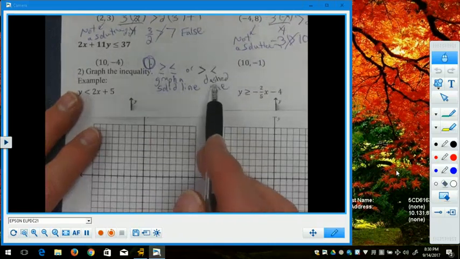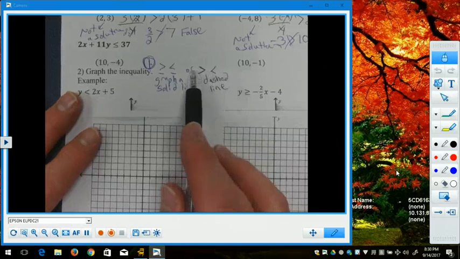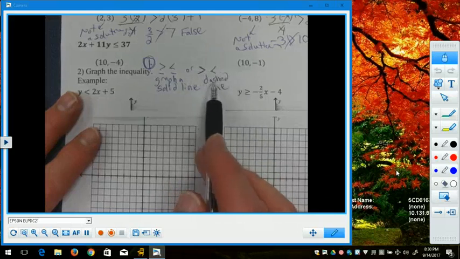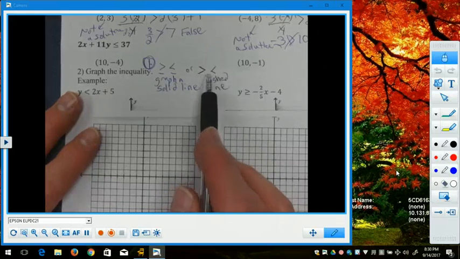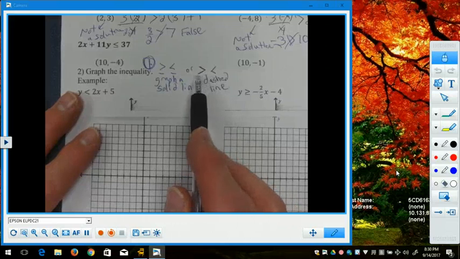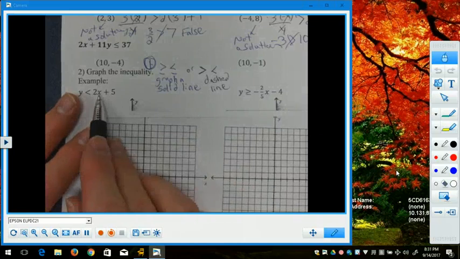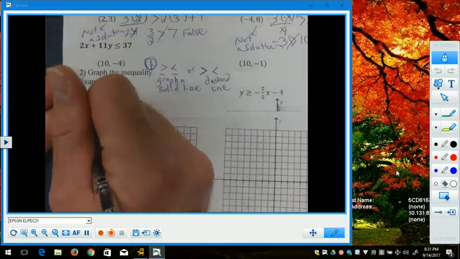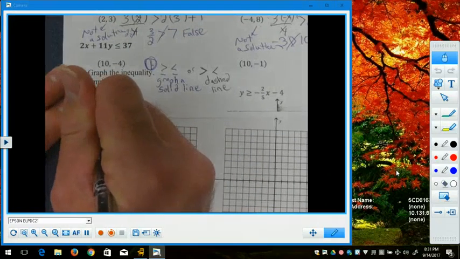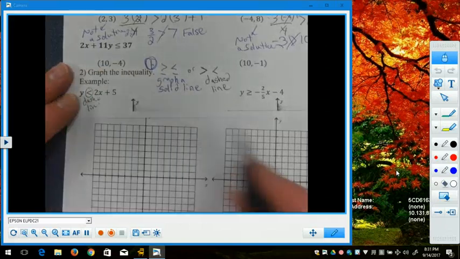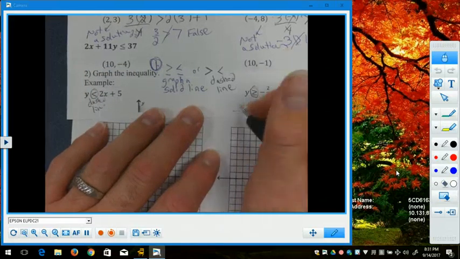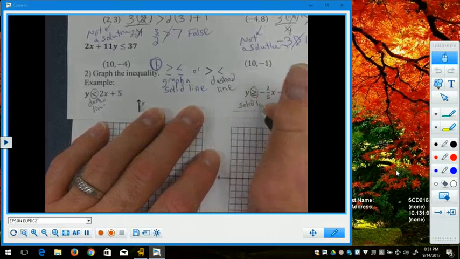So by putting a dashed line, I'm saying that that line is kind of a border for the inequality, but any point that's on the line is not a solution because it's strictly greater or strictly less than. So for this one, because of the symbol, I'm going to have a dashed line. For this one, because of the equality, I'm going to have a solid line.